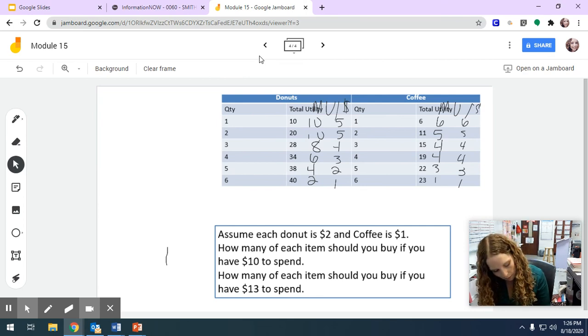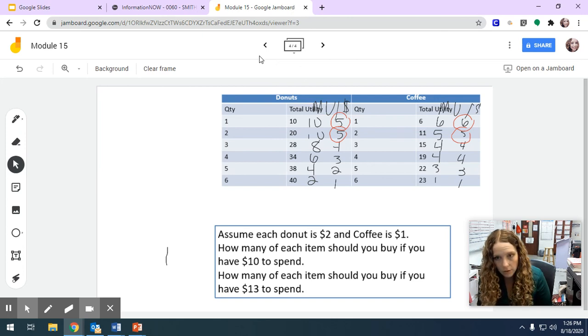Well, first, change my pen color. I'm going to get this first coffee because it has the highest marginal utility per dollar. So I've spent $1 right there. Now I've got multiple ones that have 5. I'm going to start with the one that costs less, which is the coffee. All right. So that's $2. Now I'm going to come over here. $3, $4, $5, $6. All right. Then I got a couple of 4s.